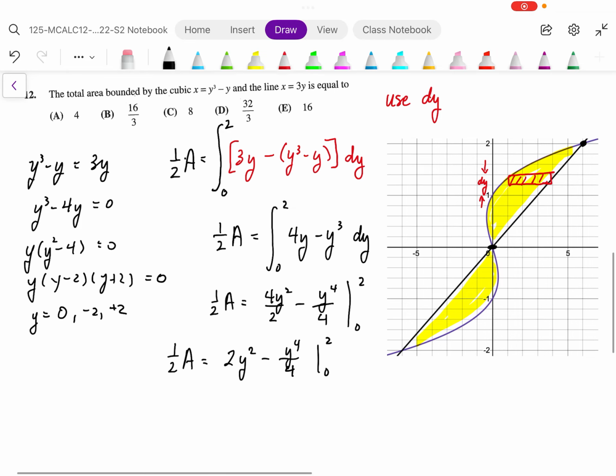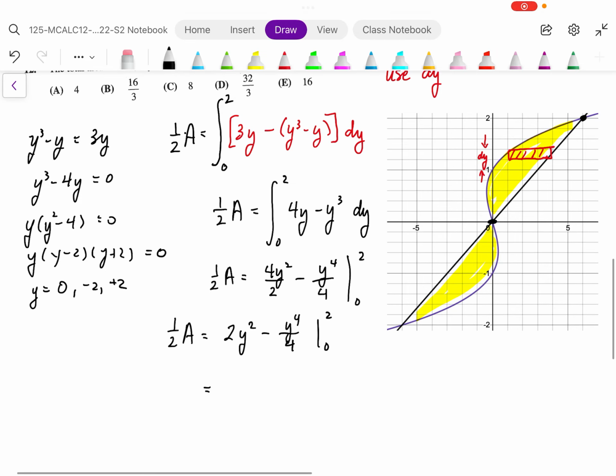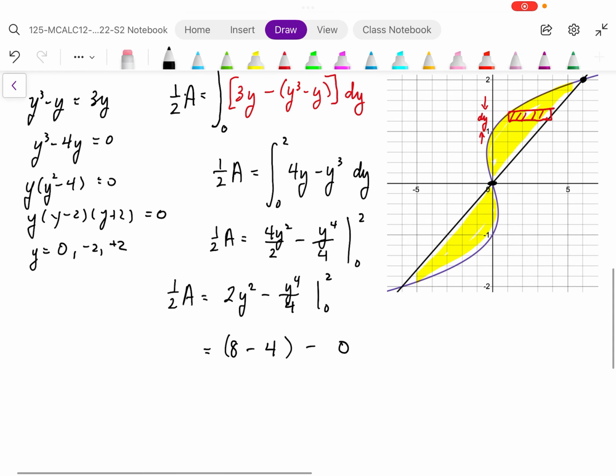Plugging in my bounds, plugging in the 2, I end up with 8 minus, oh sorry, that's not 1. That's going to be 2 to the power 4, which is 16, divided by 4. So 8 minus 4 minus, well, I'm going to plug in 0, so I get 0.